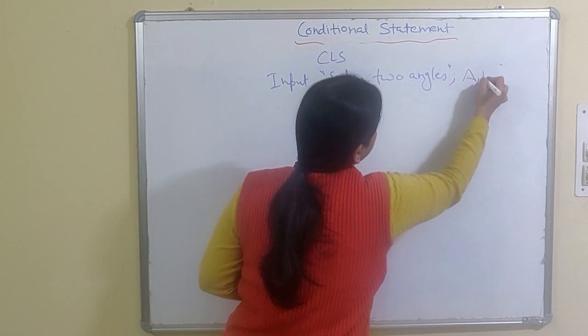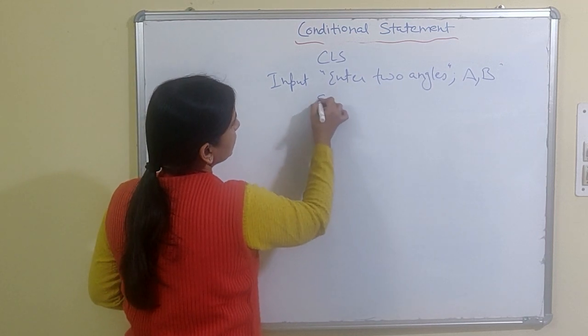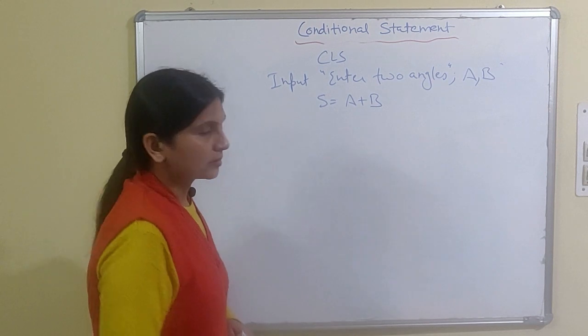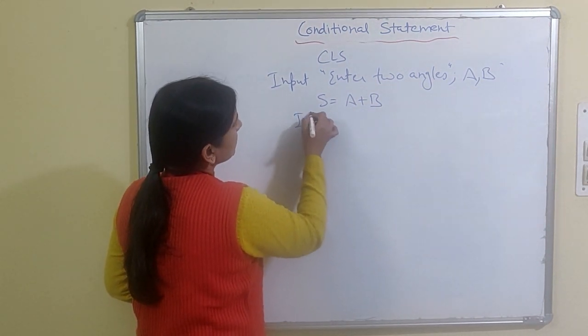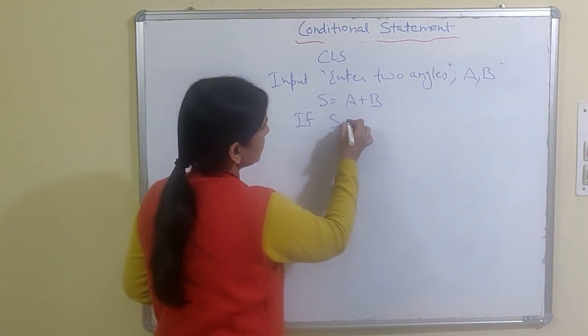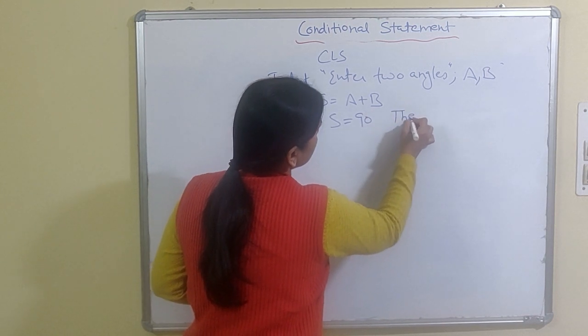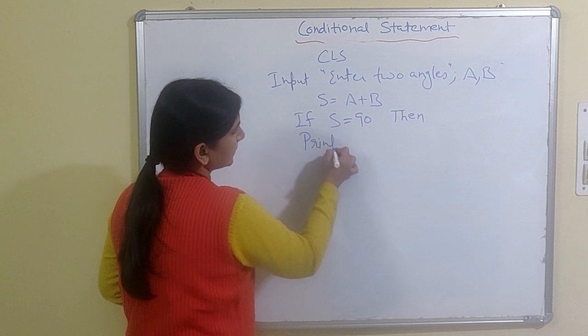Angles we will have taken A comma B. Then we calculated sum of two angles, S equals to A plus B. Then we applied condition if S equals to 90, then to display what you use, print.